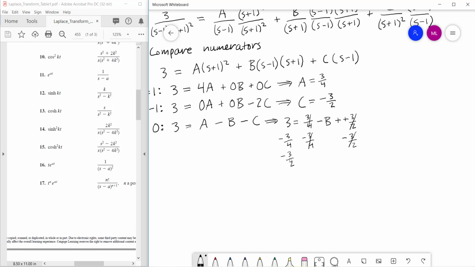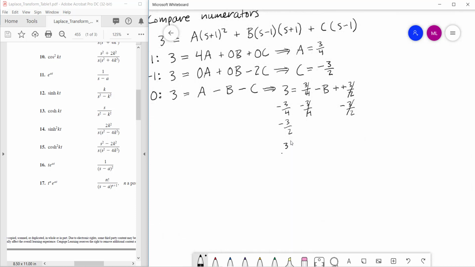So 3 minus 3/2 would leave me with 3/2, minus 3/4 leaves me with 3/4. I get that 3/4 equals negative b, which tells me that b is equal to -3/4. And so I can go plug all of those in. I did them in my head, but you can just subtract off these two numbers from the 3. You'll get 3/4. And all we were left with on this side was the negative b.